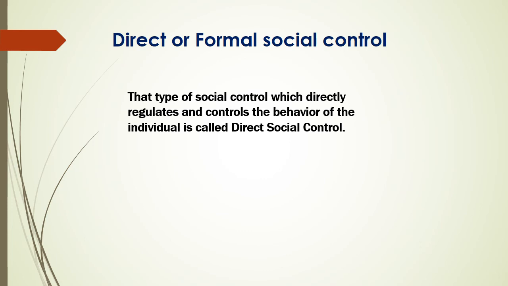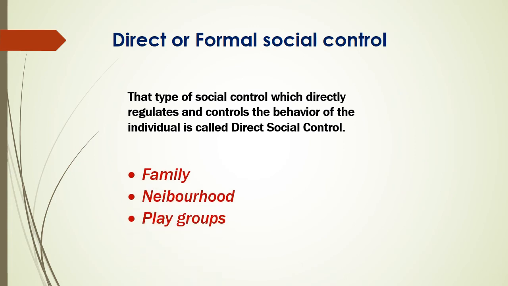Those measures of social control that directly control you, such as the role of a family and neighbors, control you directly. Family, neighborhoods, and play groups are the direct controlling agencies. Family directly controls you to regulate your behavior, how to behave in society, what to follow inside the house, and how to behave with the neighborhood.